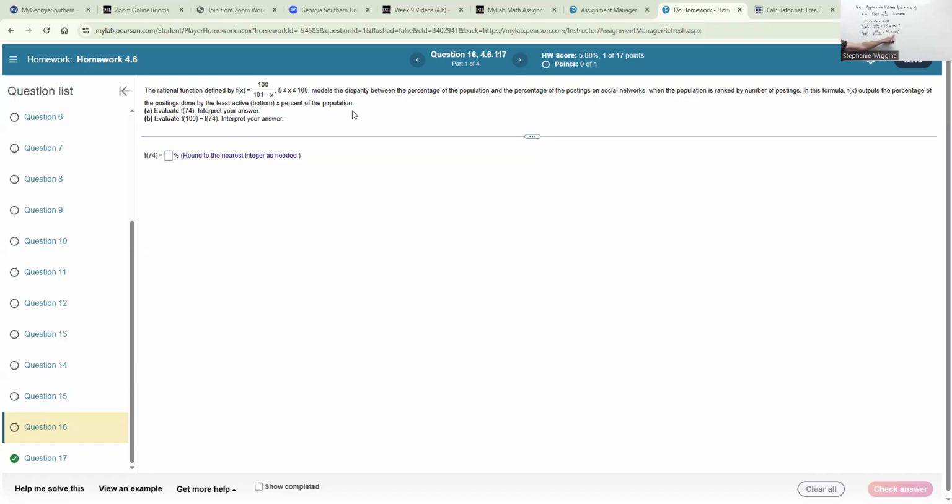So this is the percent of postings by the bottom 100%, which is just the entire population. So it makes sense that the entire population is going to post 100% of the postings, whereas the bottom 98% is only going to post 33.3%.